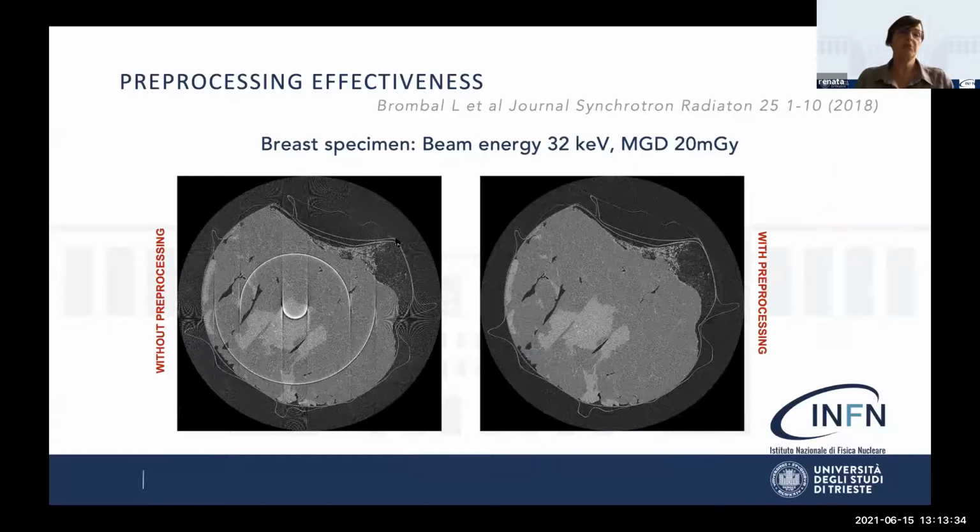And this is an example of what happens without pre-processing. You see the artifacts due to the modules, and this is the image of a breast specimen acquired with 32 kV and a high mean glandular dose of 20 milligray.